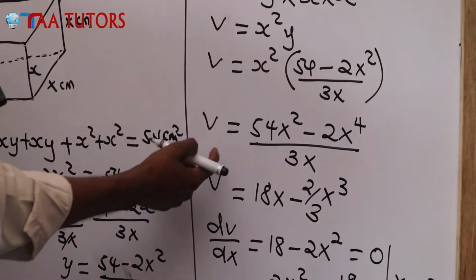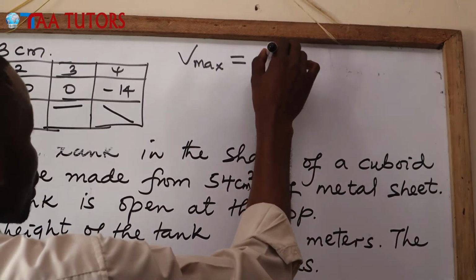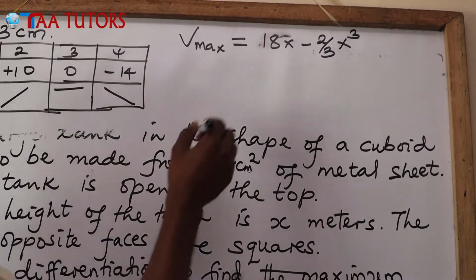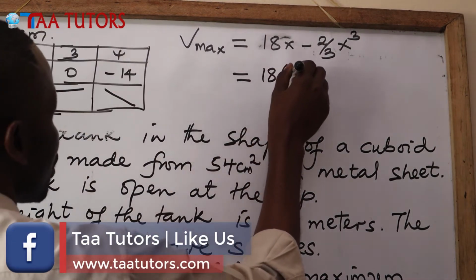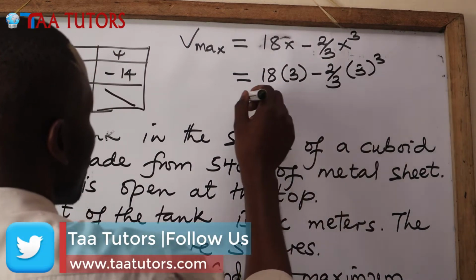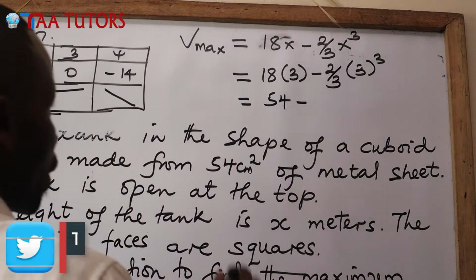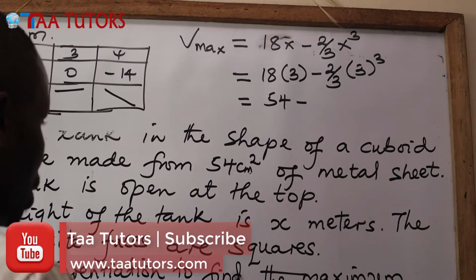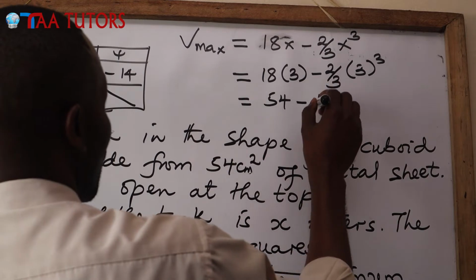So for us now to get the maximum volume itself, we are just going to substitute into the function for the volume. Volume equals 18x minus 2 over 3 x cubed. Let us substitute the value of x, which is 3. That is 18 into 3 minus 2 over 3 into 3 cubed. This is 54 minus, 3 cubed is 27, and 27 times 2 divided by 3 is 18.